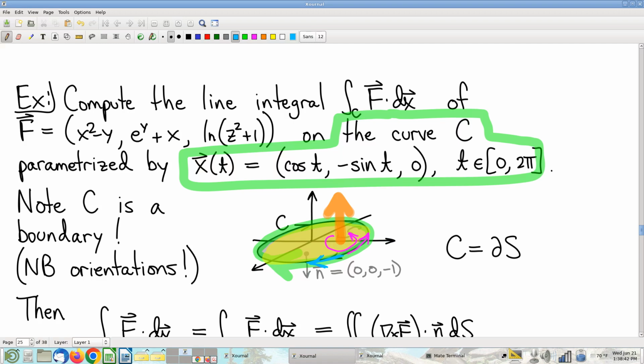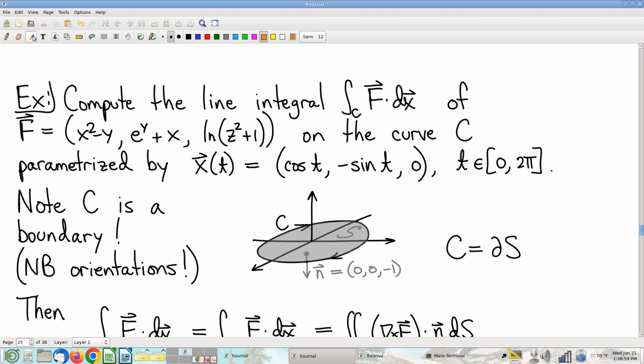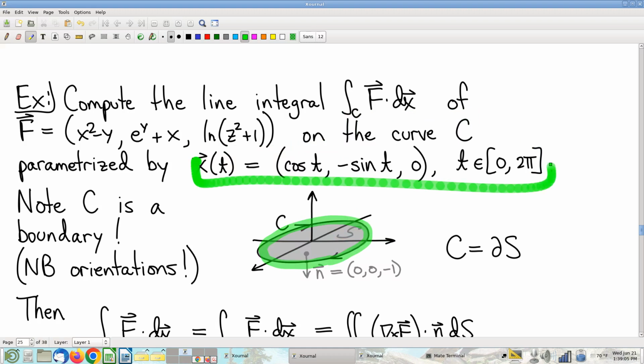Yes? In a problem, would the picture be given so we could see what direction the curve was going in? I don't necessarily have to give you a picture. I can just describe it. I have different versions of how I've done this in the past, but one thing I could do is say that here's the curve, parameterized in a certain way. When you have a parameterization, that tells you an orientation right off the bat, because as t increases, that takes you in a specific direction around the curve.